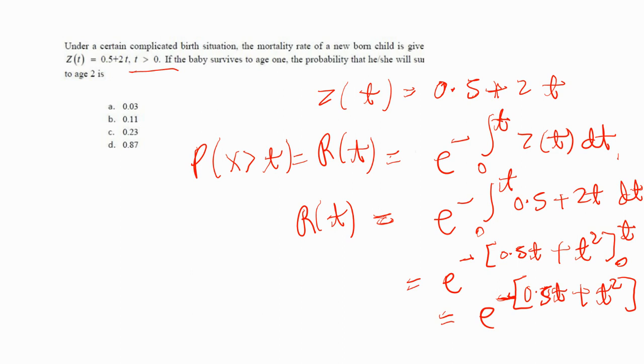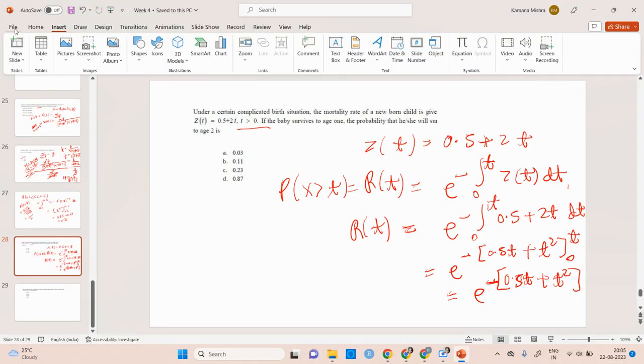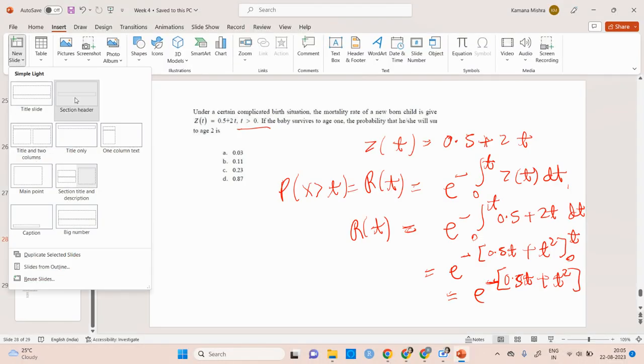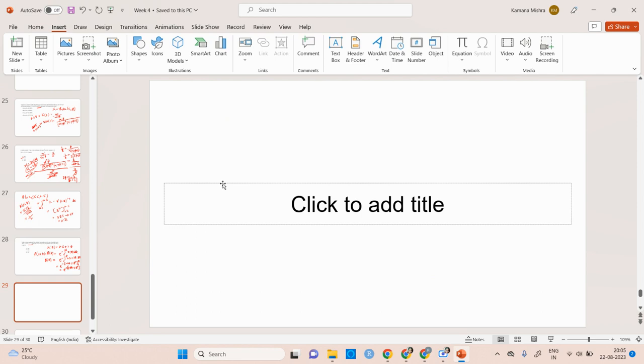Now we need to find the probability x greater than 2 given x greater than 1.